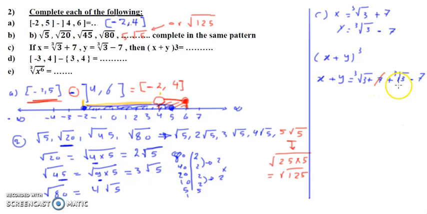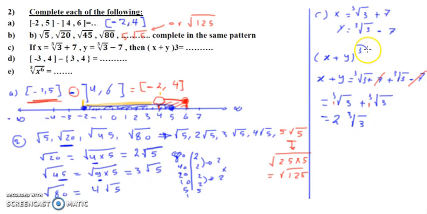So this is 7, this is negative 7, and they will be cancelled. So this will equal cube root of 3 plus cube root of 3, which means 1 cube root of 3 plus 1 cube root of 3, which means 2 cube root of 3.